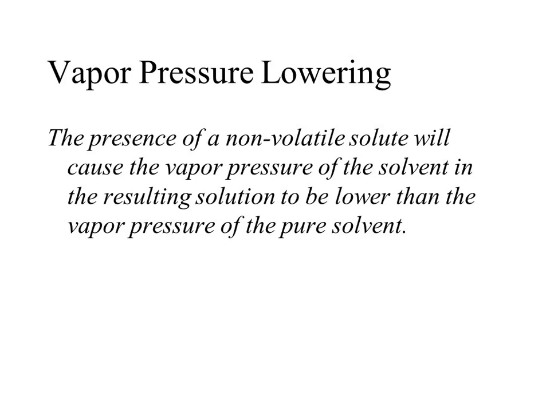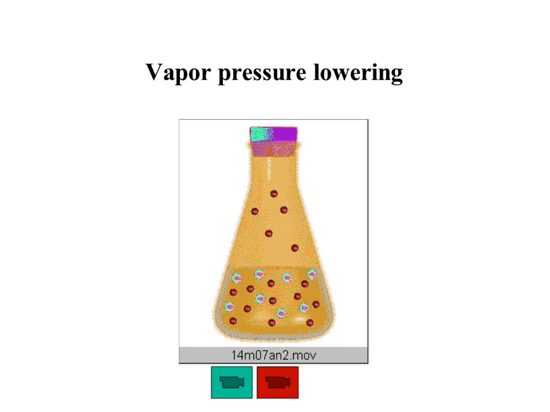It's called vapor pressure lowering. So the pure stuff always has the highest equilibrium vapor pressure possible. You start adding stuff and it goes down. And we'll talk about why that is right now.